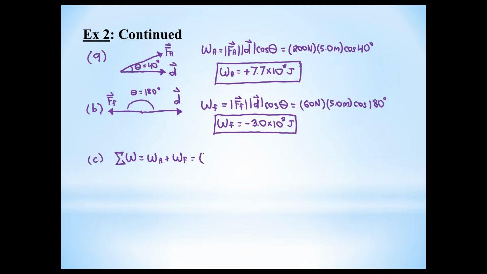That would be positive 7.7 times 10 squared joules plus negative 3.0 times 10 squared joules, and I'm going to get a net work of positive 4.7 times 10 squared joules.